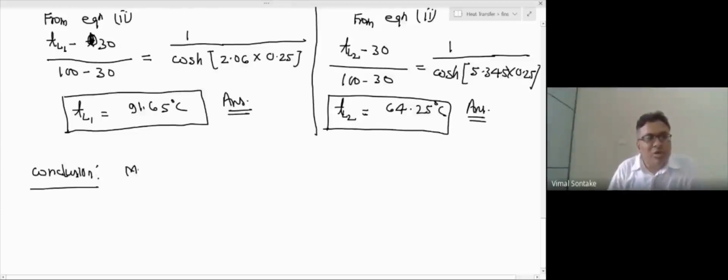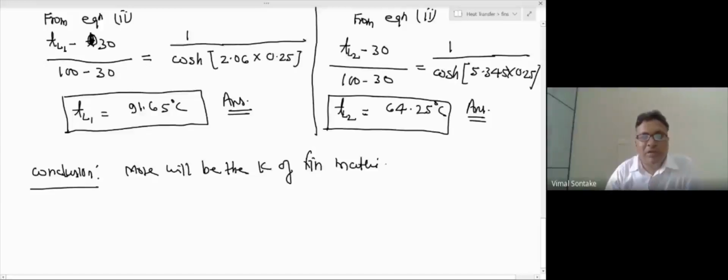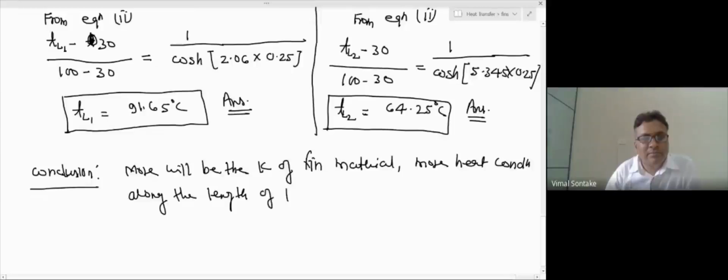See, the more the K of the fin material, what will happen? More heat conduction along the length of the fin, and hence more tip temperature.